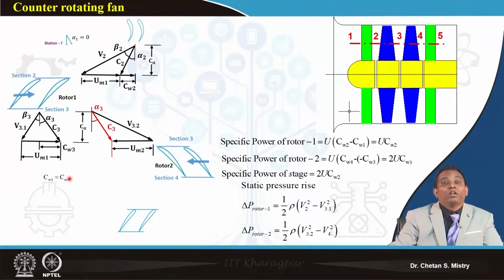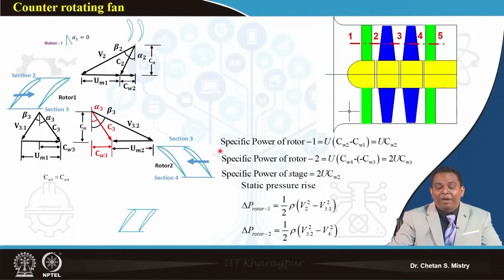This is because of the whirl component coming out of my rotor, which gets added up. Just try to understand here: this represents my positive sign, and this represents my whirl component in the opposite direction. So what is happening?